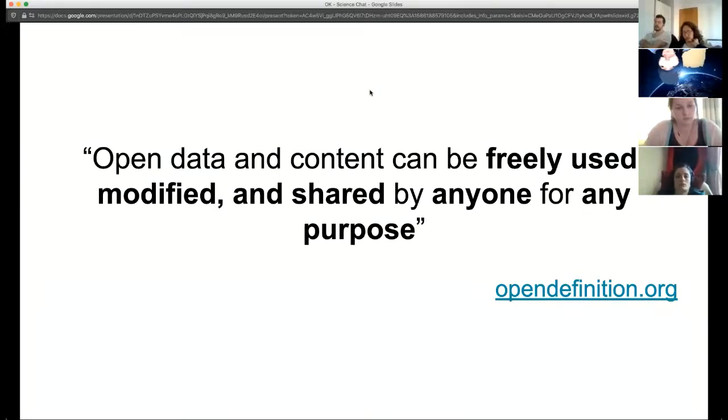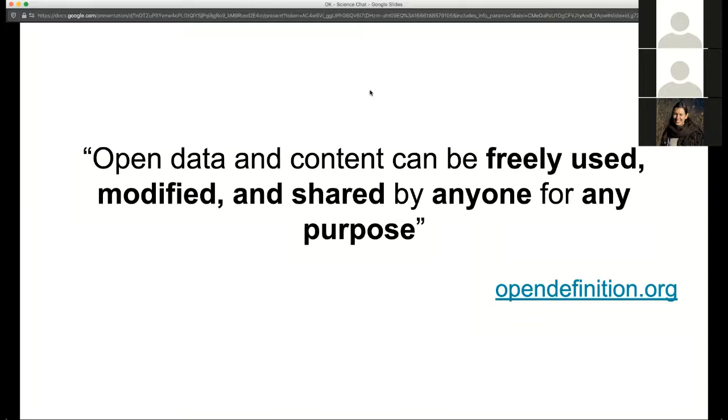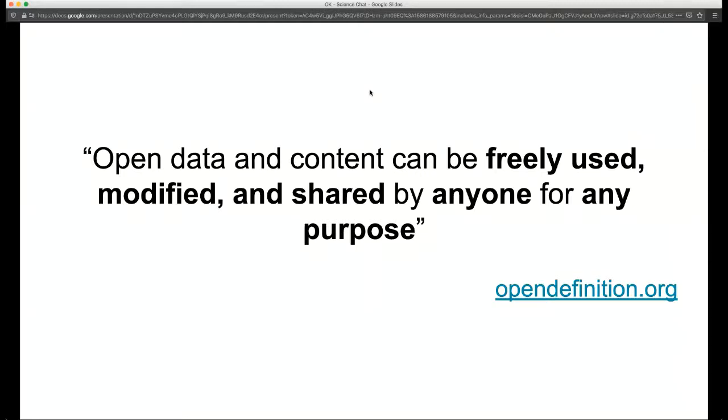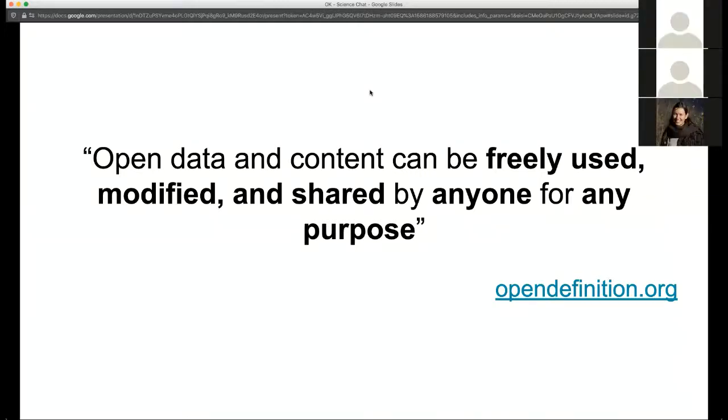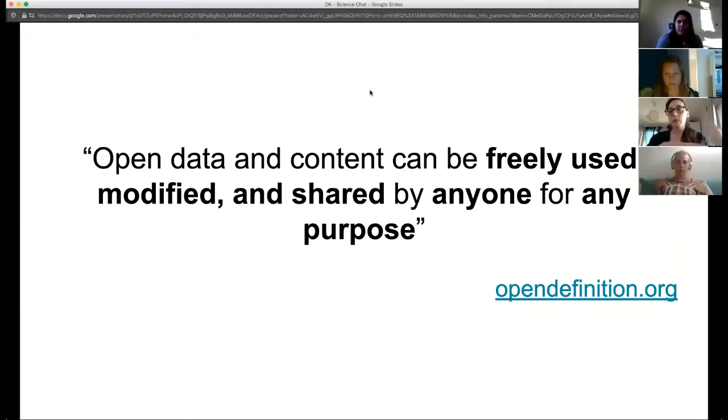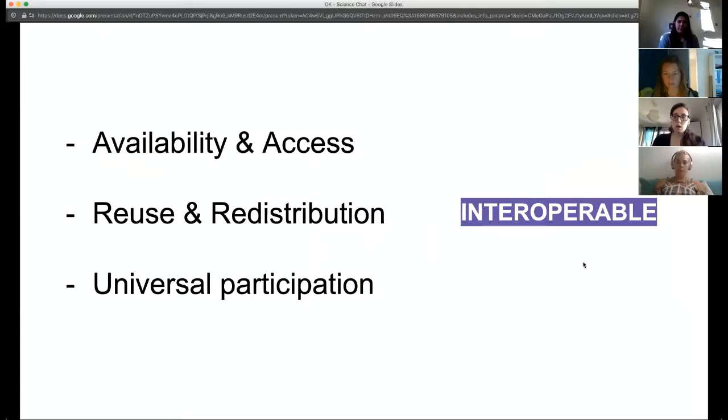You will see that the four freedoms of software, which are free to use, modify, study, share and redistribute, are replicated and translated into data, open content, open hardware, open educational resources. It's extrapolated to many, many different fields. So what does it mean that it is open to share, to redistribute, to study, to use? Well, you have to be able to access it, and it has to be available.